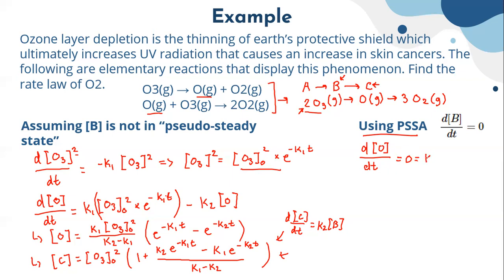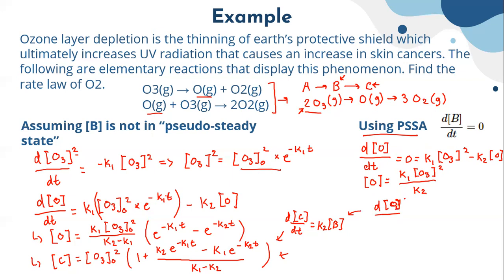So we can just say K1 times O3 squared minus K2 times B, which is O, equals 0, and we can move this to the other side and get oxygen is equal to K1 times the concentration of O3 squared over K2.